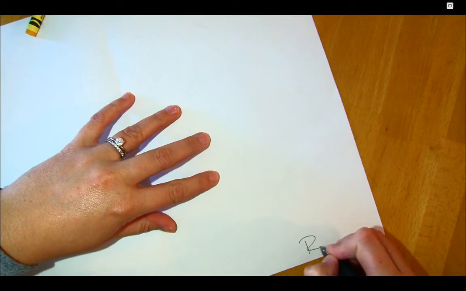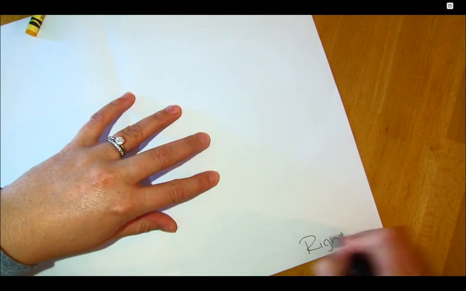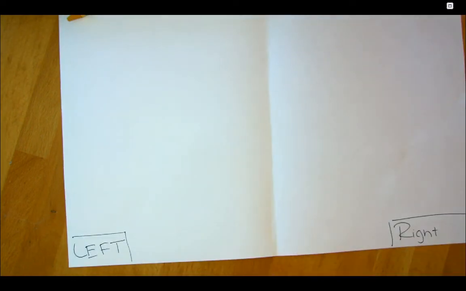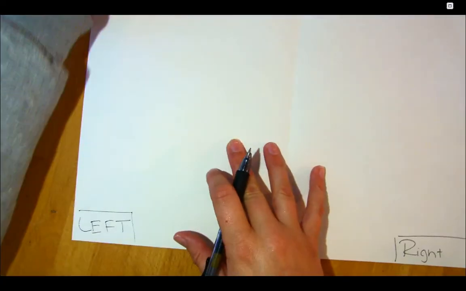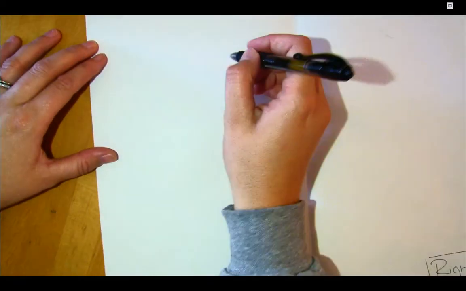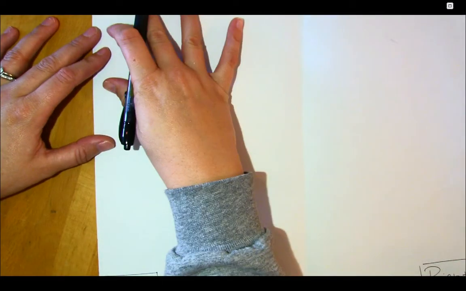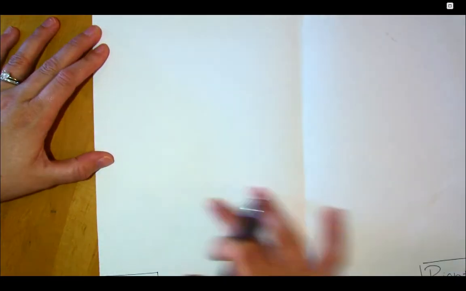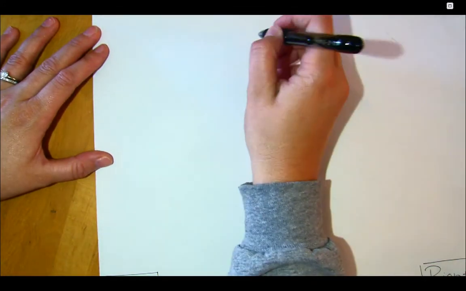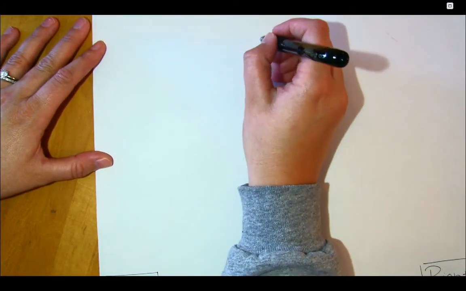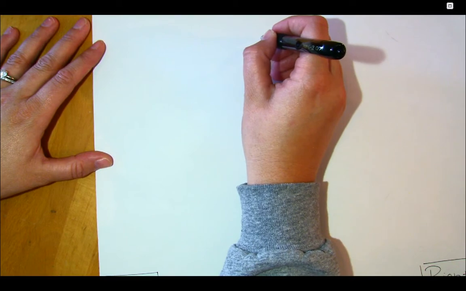This is going to be a very big deal because your brain has a left and a right side. So, with that being said, you are going to do the very best you can. You are going to draw a brain or a head in the center of your page. Do not fill up the whole page because we're going to be writing and drawing around the brain. So look at mine first before you start yours.